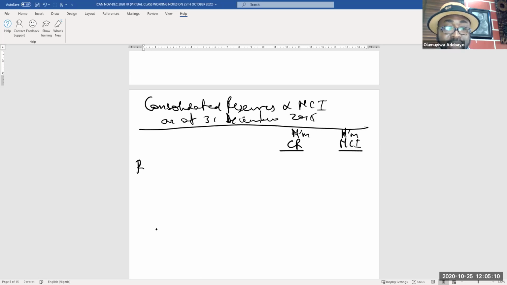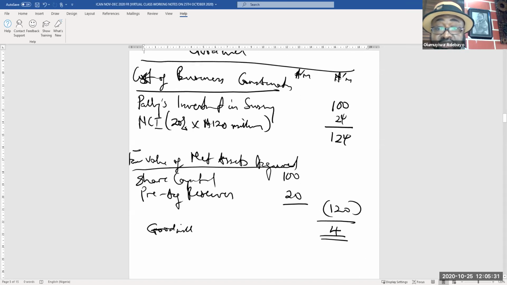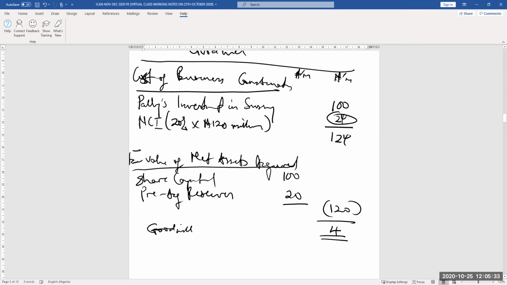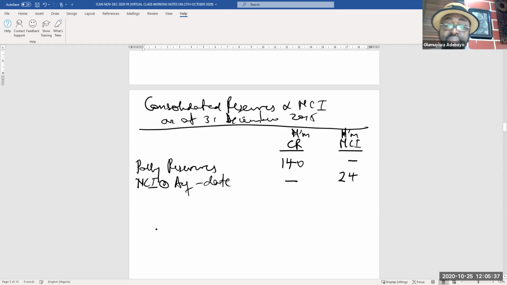Now, Pali's reserve is an input to consolidated reserve, and that is 140. It has nothing to do with NCI. Second, the value of NCI as at acquisition date has nothing to do with consolidated reserve. And that value, from the information we have here, is 24. We bring it under NCI.